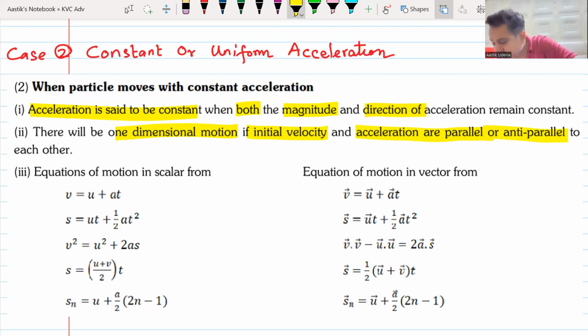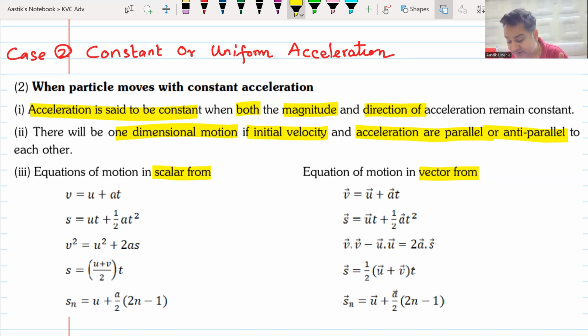Then we have equations in the vector form. Remember, whenever we are using equations in the vector form, they are valid in all dimensions 1, 2, or 3. When we are using equations in the scalar form, they're only valid dimension-wise. Yes, Shruti, what is the doubt? Oh, there is no doubt. When we are using the scalar equation, we are treating vectors as scalars.